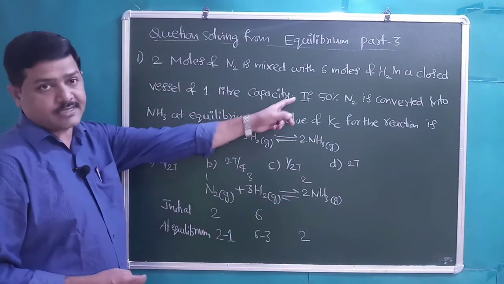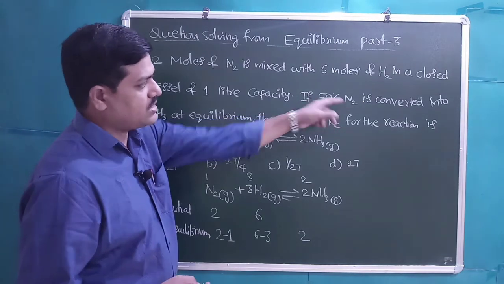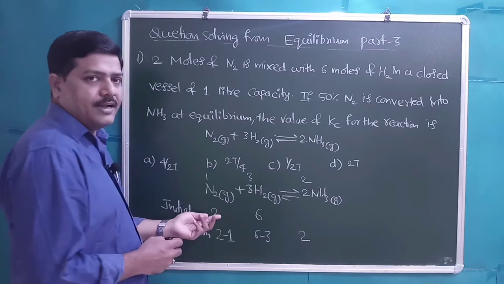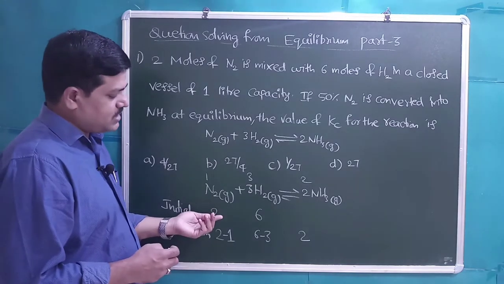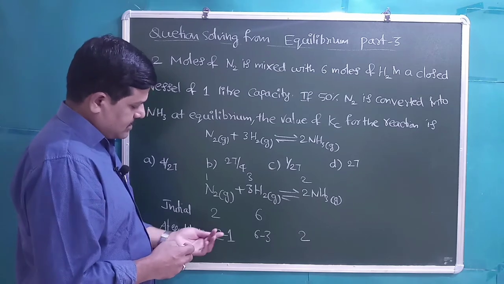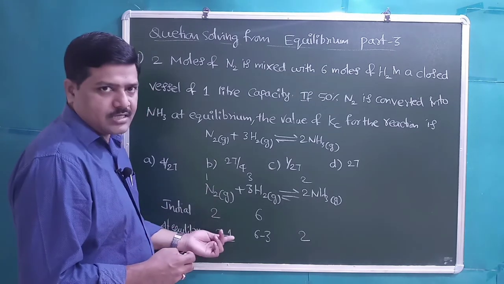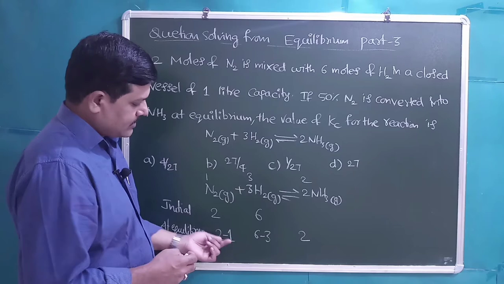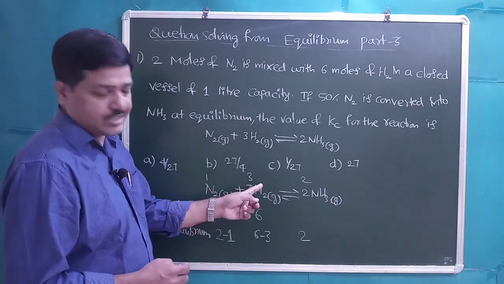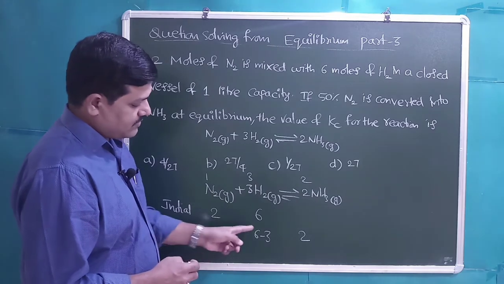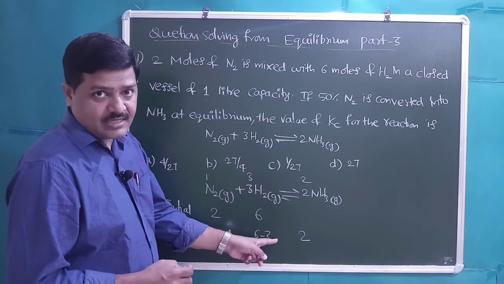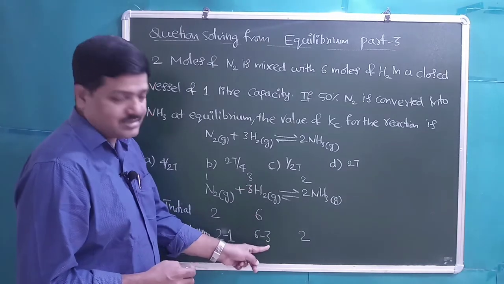It is given that 50% of N2 is converted into ammonia at equilibrium. Initially 2 moles are present, 50% of 2 is 1. So equilibrium moles for N2: 2 minus 1 mole reacted. From the balanced equation, 1 mole of N2 requires 3 moles of H2, so the number of moles of H2 reacted is 3, remaining is 6 minus 3.